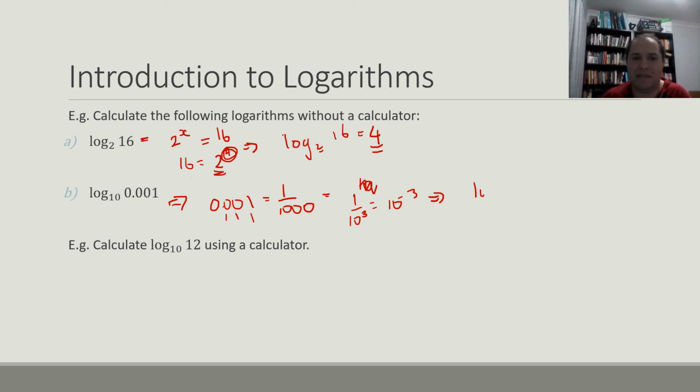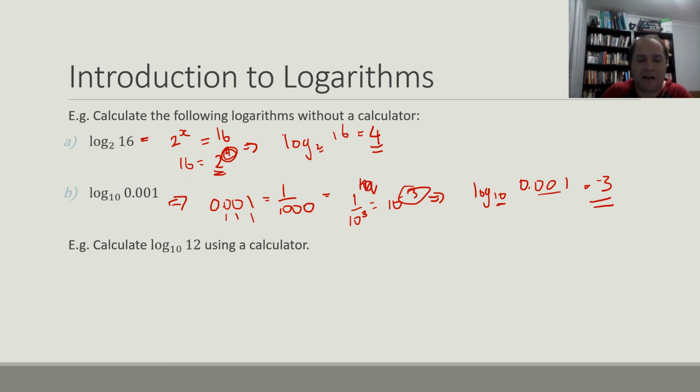So what that means then is log base 10 of 0.001, right? 10 to what power gives us 0.001? There's our power, negative 3. And that's how we can calculate logarithms without a calculator, just by realizing that we're using our index laws and working out what power of our base gives us the value that we're given.